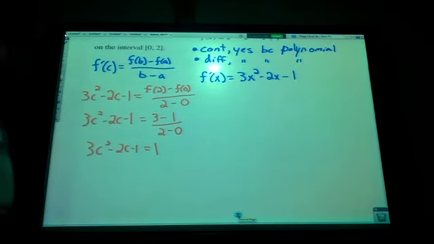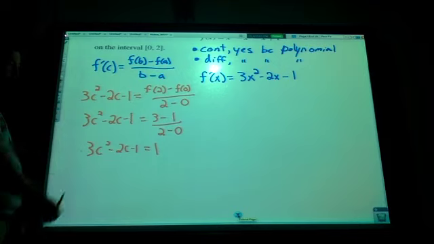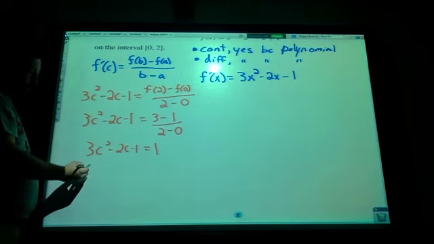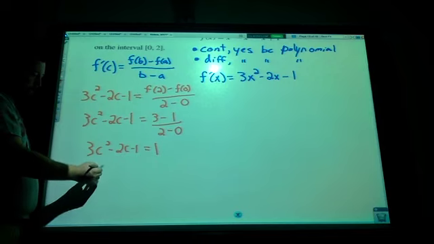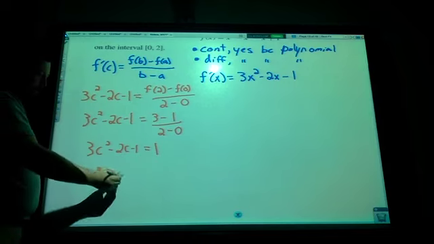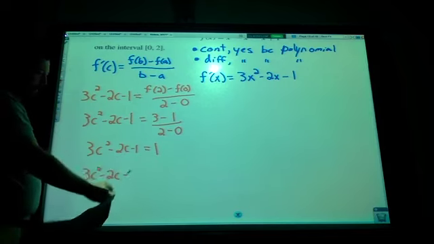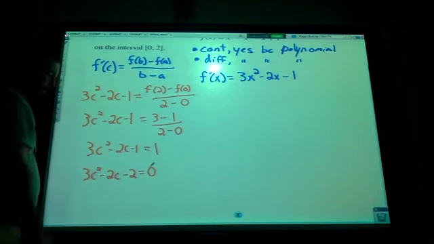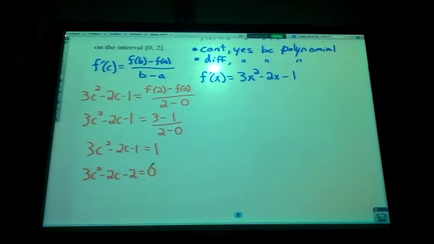Okay, solve this out. Bring everything to one side, so if I subtract the 1 over, that gives me 3c squared minus 2c minus 2 is equal to 0. All right, and then can we solve that out?